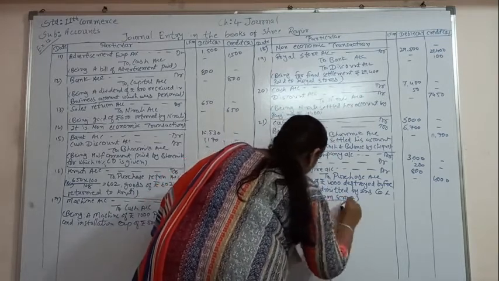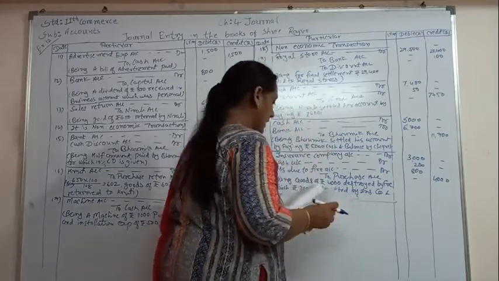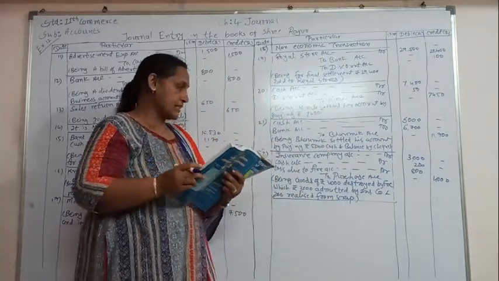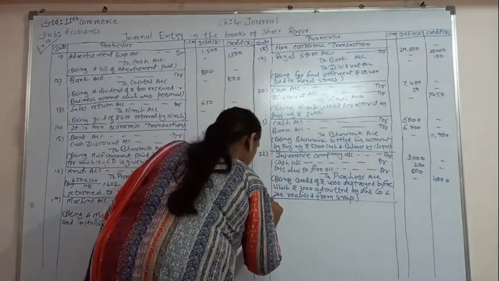So that's it. Now let's see the next transaction, that is of date 23.